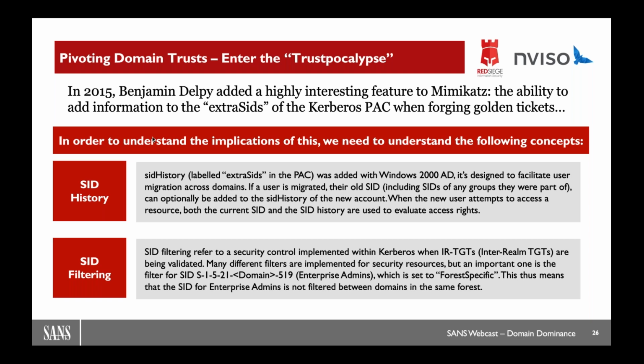This is the second point of SID filtering, a SID which ends in 519. What is SID 519? It's the Enterprise Admins group. If I add that to my own PAC, that means that my domain administrator is now also a member of the Enterprise Admins group. An enterprise administrator is defined at forest level, right? So that means that you've compromised every single domain inside that forest.